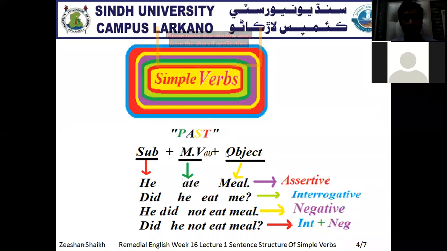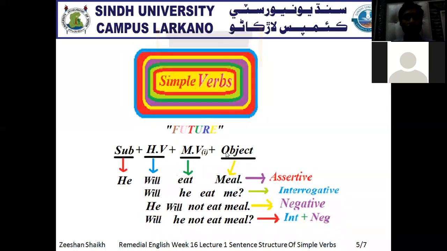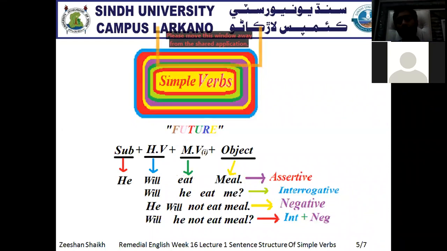Now just proceed towards the last one, that is your future simple. Now in the future simple, we have a different formation from the past simple as well as present simple. Clear? Now in the future, we have a subject first.